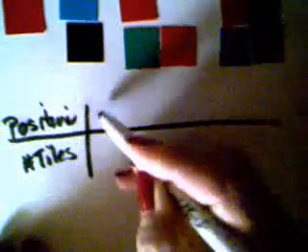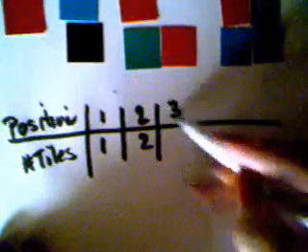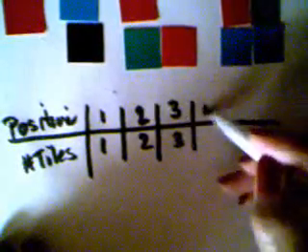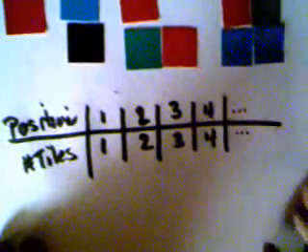And like before, when we were setting up our patterns, if we set up a table to show the position and the number of tiles, we have 1 tile in the first position, 2 tiles in the second position, 3 tiles in the third position, 4 tiles in the fourth position, and so on.